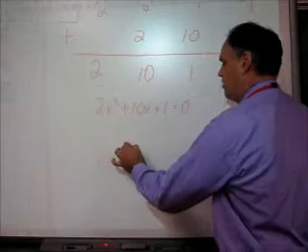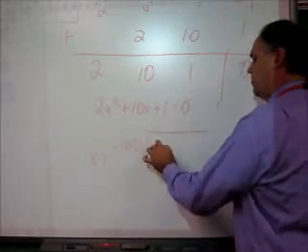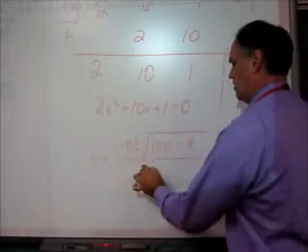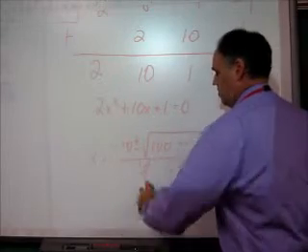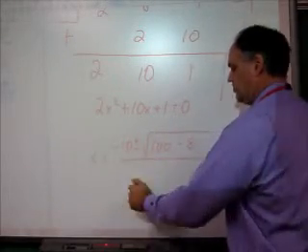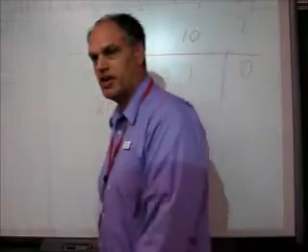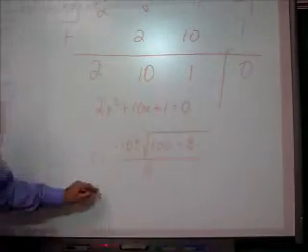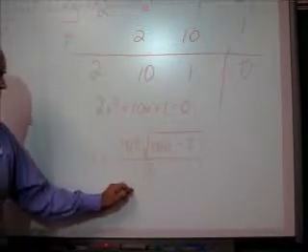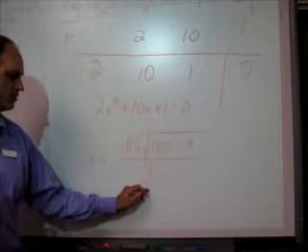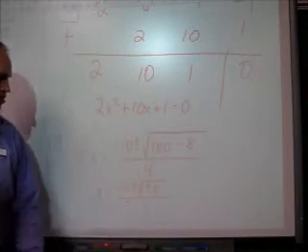But if we use the formula, so negative 10 plus or minus the square root of 100 minus 8 over 4. So x is equal to negative 10 plus or minus the square root of 92 over 4.